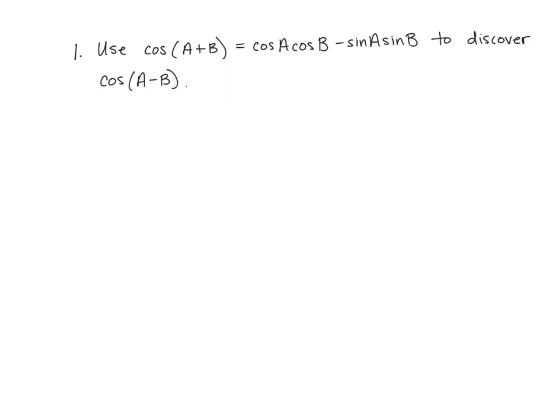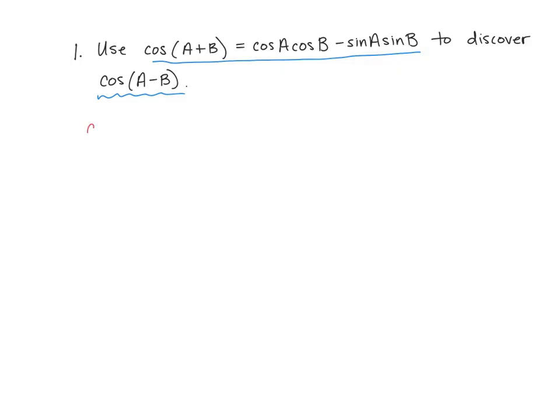So again, I've just rewritten out that proof using cos of A plus B, knowing that it equals cos of our first angle times cos of our second minus sine of our first, sine of our second. We're going to use that to discover our next compound angle identity, which is cos of A minus B. So we are going to use this identity to discover what cos of A minus B is.